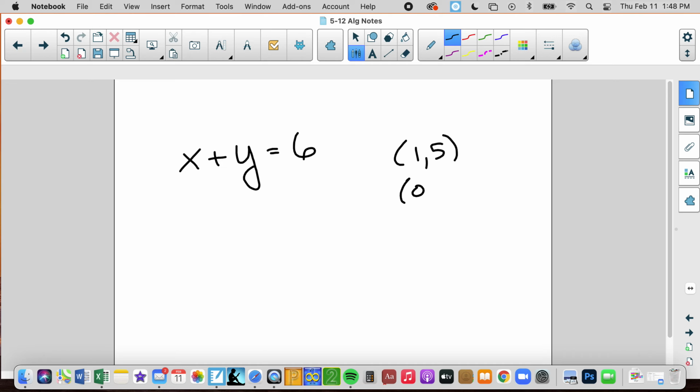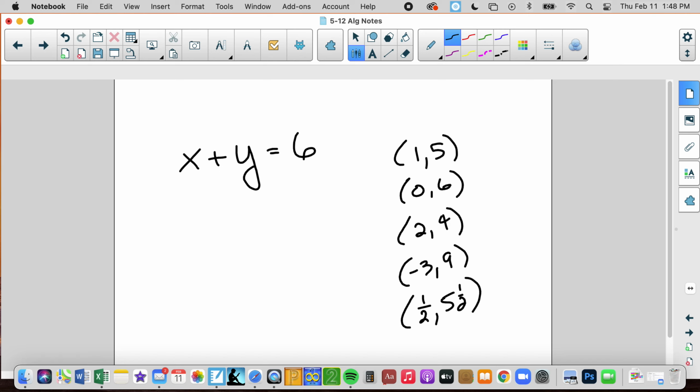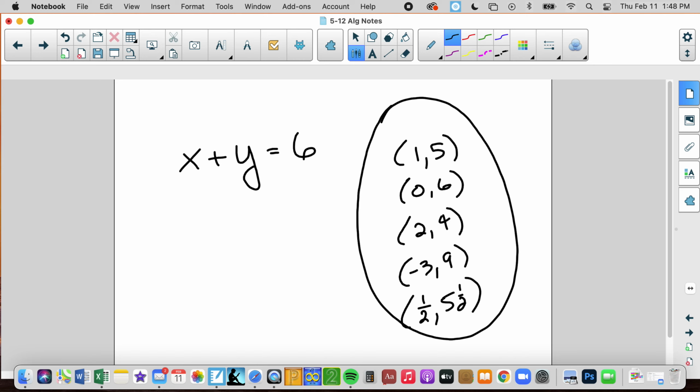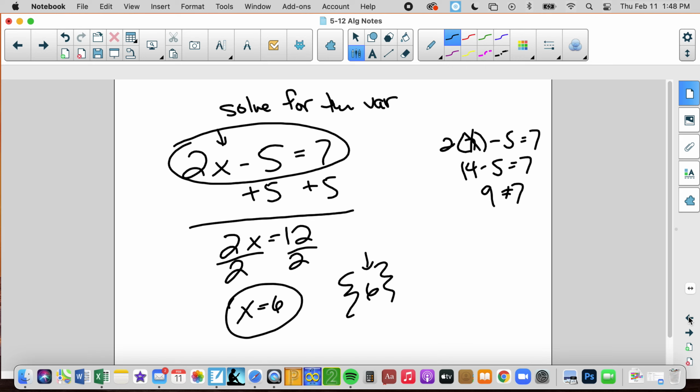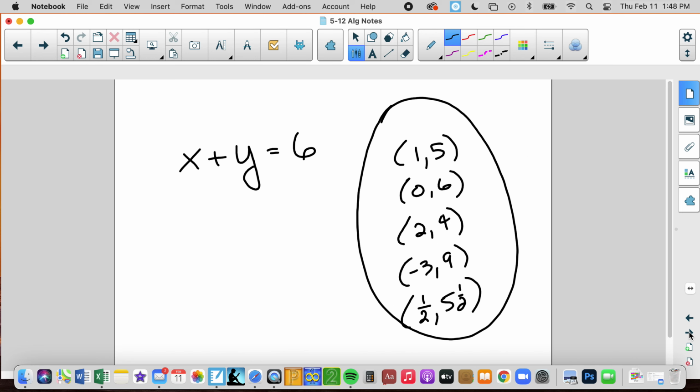You could do 1 and 5, 0 and 6, 2 and 4, negative 3 and 9, 1/2 and 5 and 1/2. And we found that there were an infinite number of solutions, that there's no one solution. Much like this, there was only one number that we could plug in that ended up being the solution. When we had multiple variables, there tended to be an infinite number.